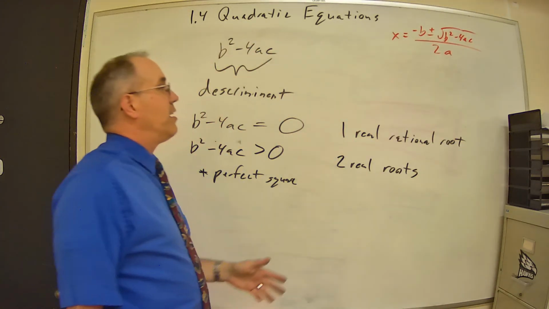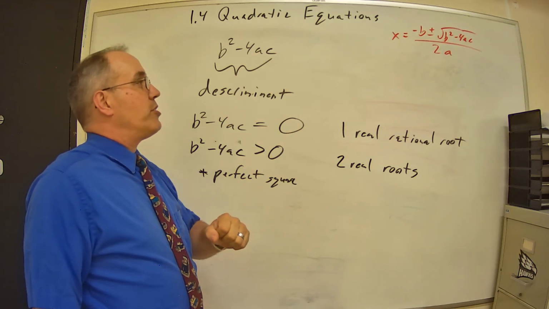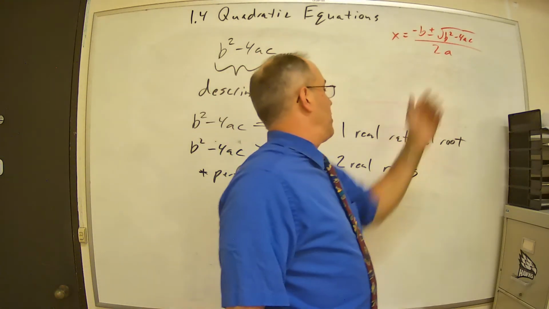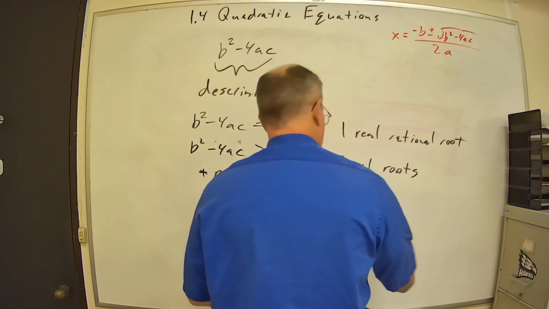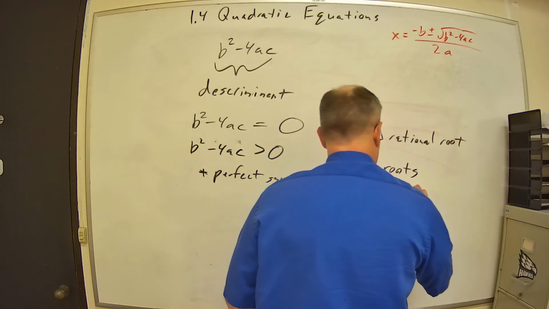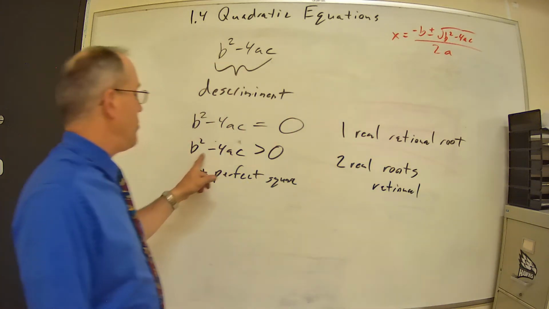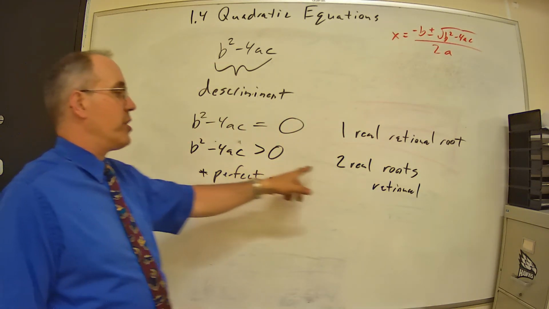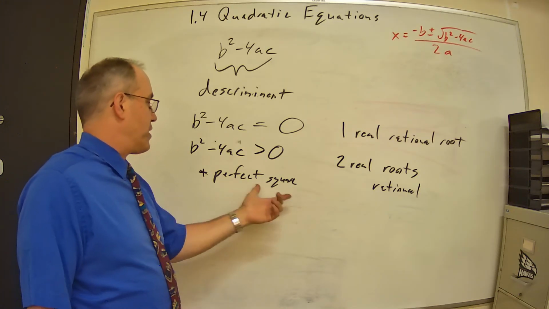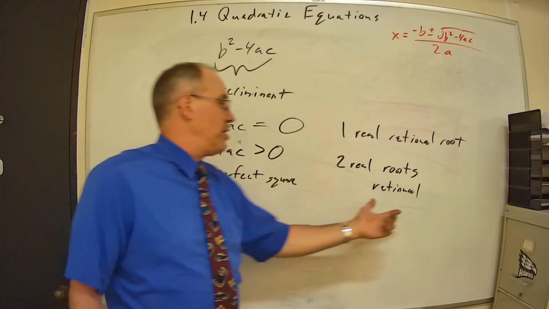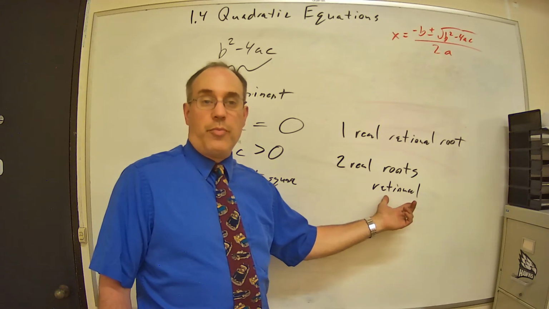Then you're going to have two real rational roots. So I'm going to say rational here. So if b squared minus 4ac is greater than 0, you're going to get two real roots. If it's a perfect square under this situation, those two real roots are going to be rational.